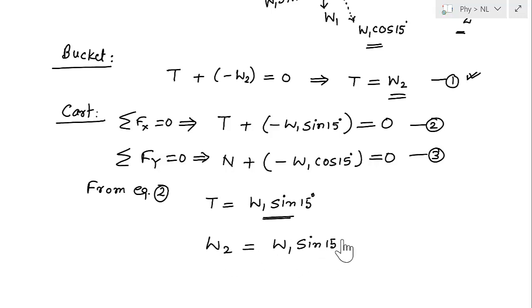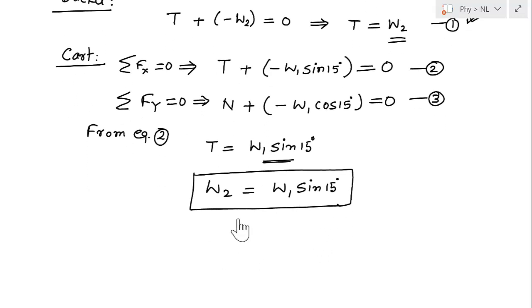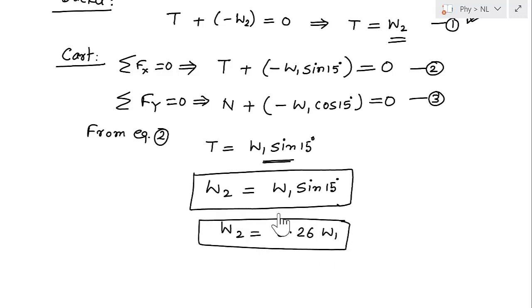So this is the relation between W1 and W2 so that this system will move with a constant velocity. If you put the value of sine 15 degrees, you can write W2 equals 0.26 W1. So W2 has to equal 0.26 W1 so that this system will move with a constant velocity.